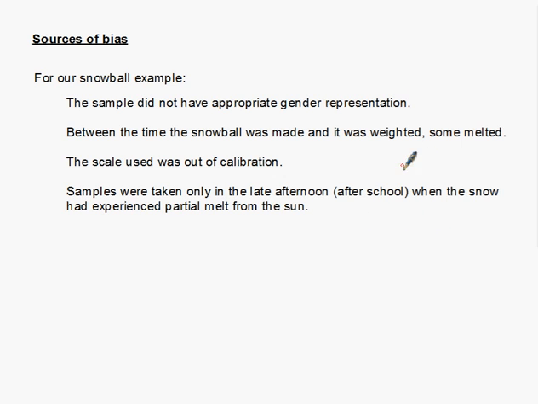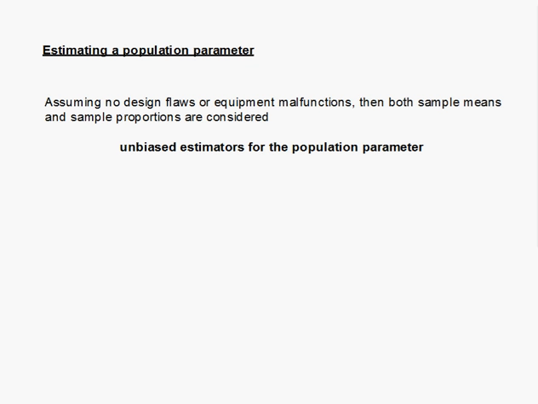All of these are, and there are more possible sources of bias. They all break down to pretty much two categories. Either there's some design flaw, like not good gender representation, or the scale needs to be brought not inside but outside, so there's no melting. That's all design flaw. Or equipment malfunction, like the scale's out of calibration.